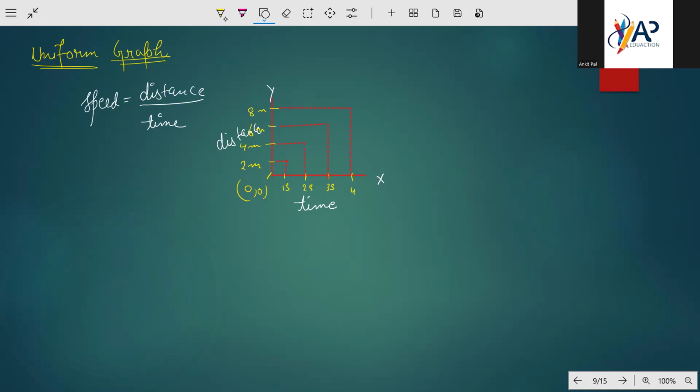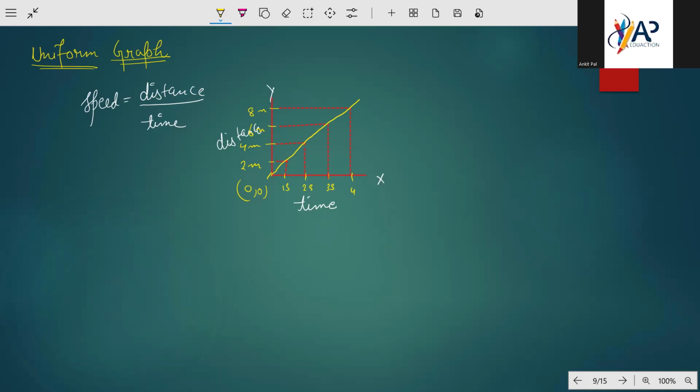If the object covers equal distance in equal intervals of time, then we can say the graph is uniform because the line drawn in this graph is straight, right? Yes.